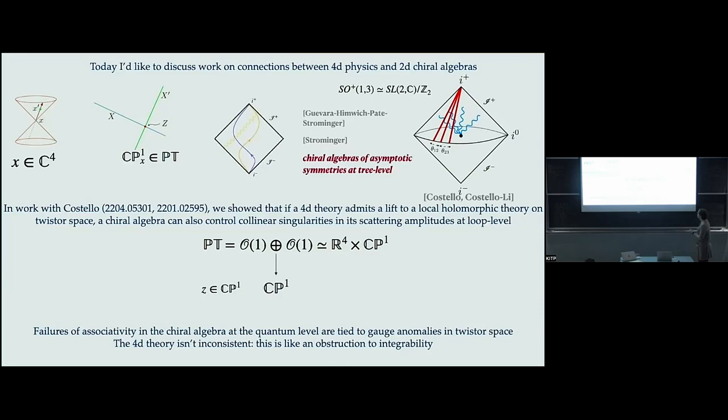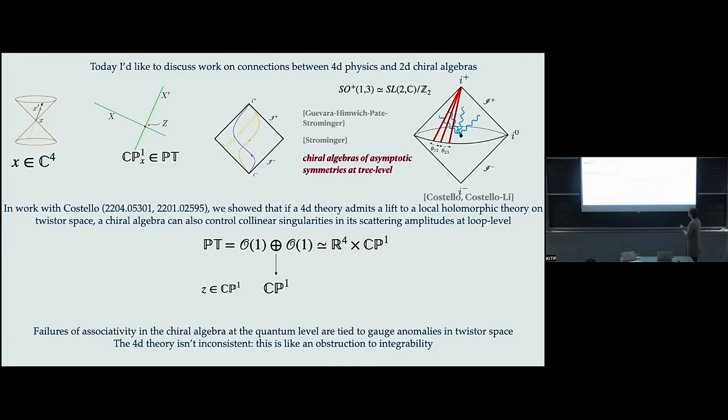Good. So just to remind you briefly of what twistor space is, it's constructed as a non-trivial rank 2 vector bundle over a copy of CP1, or 2-sphere. I'll always give the CP1 holomorphic coordinate z.